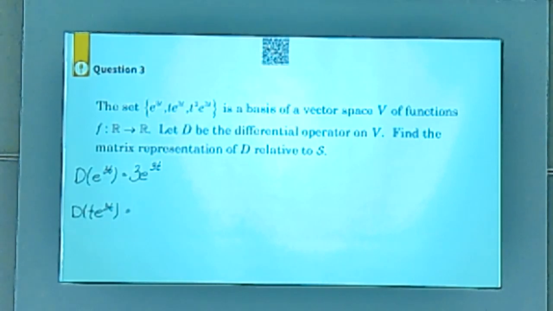It's the product rule. It's the product of two functions. But I'm not going to write it the way that you gave it to me. I'm just going to switch the order. No, it should be, sorry, just e to the 3t plus 3t e to the 3t.